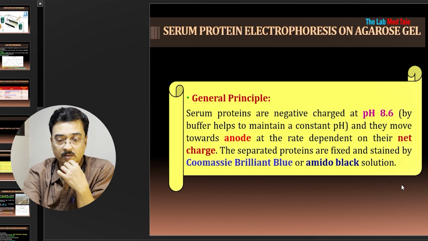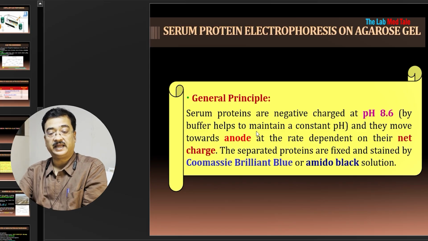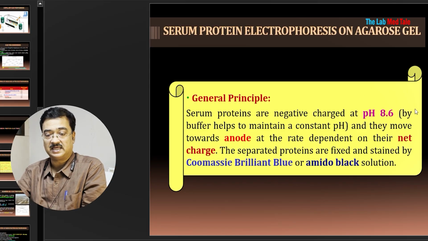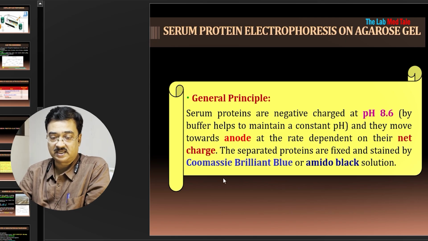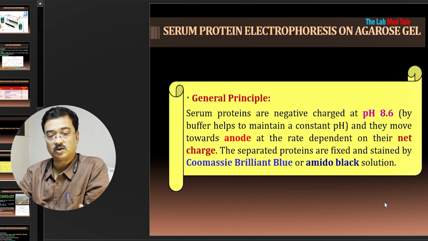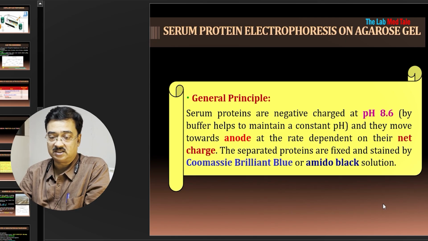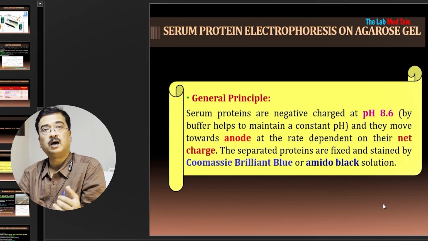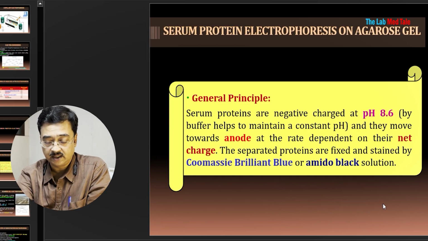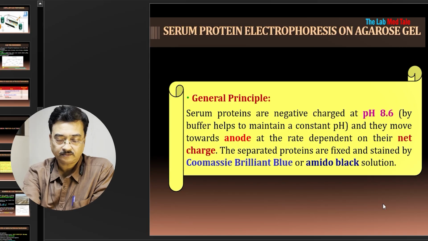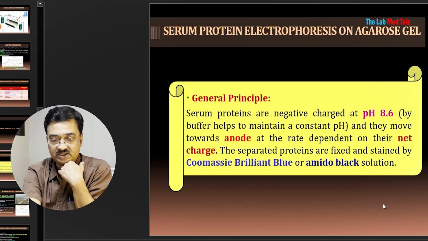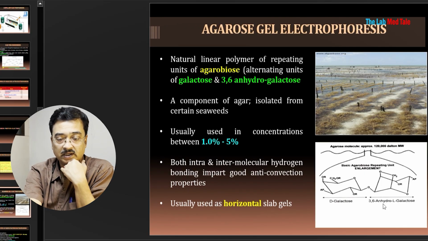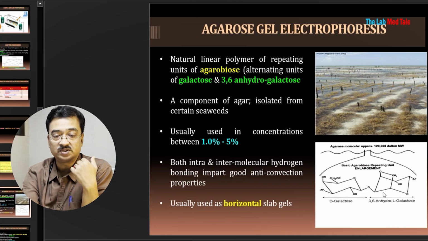Now, when we talk about serum protein electrophoresis, serum proteins are negatively charged as a whole at a pH of 8.6, and they run towards the anode because they are all anions at that pH, which is a basic pH. Therefore, we use the agarose gel here.